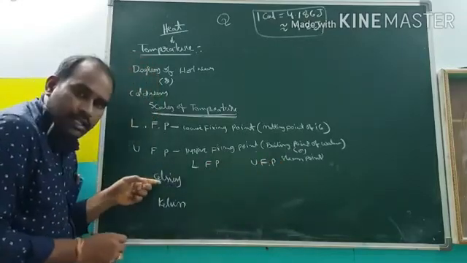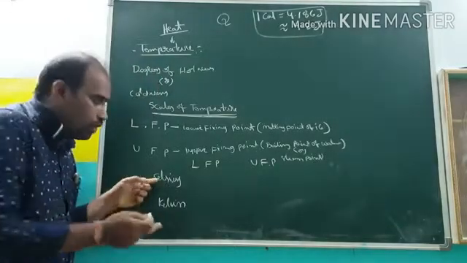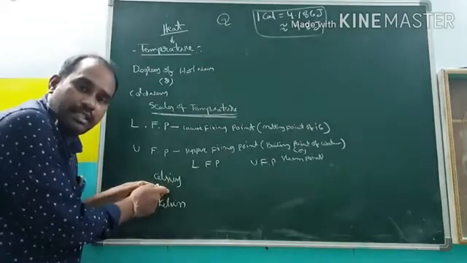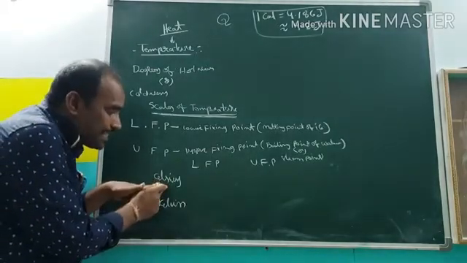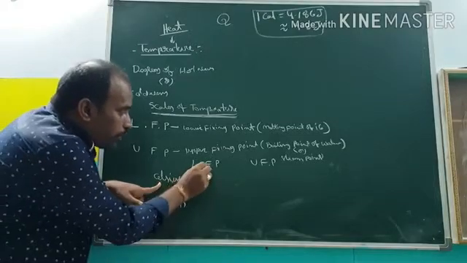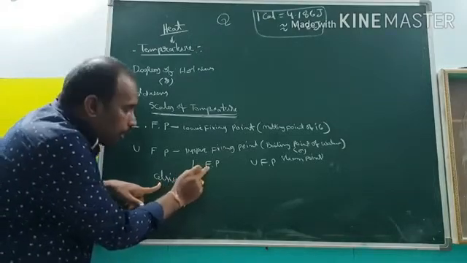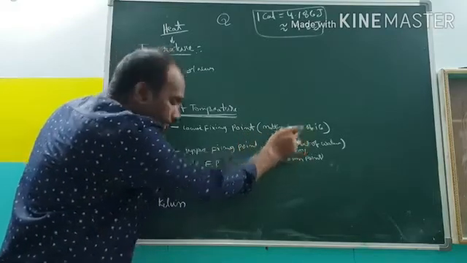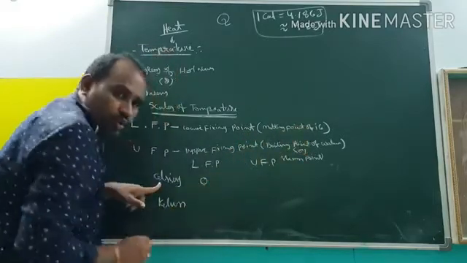But the Celsius scale. Who introduced the Celsius scale? Celsius. The scientist's name is Celsius. So Celsius chose which point? Lower fixing point. The lower fixing point means the melting point of ice is taken as 0.